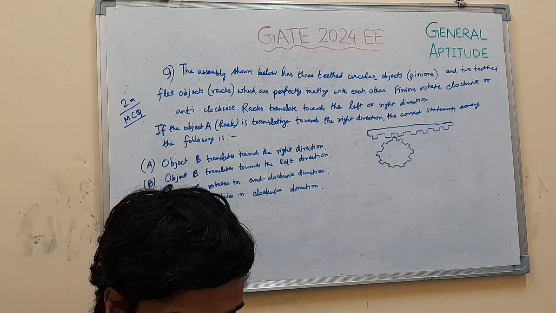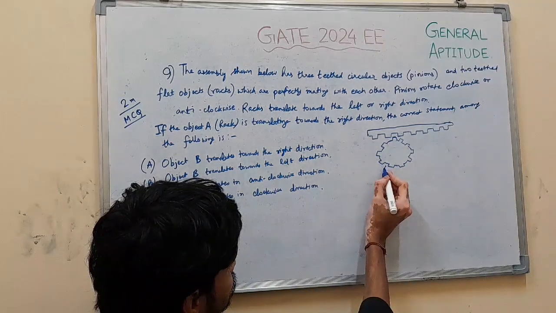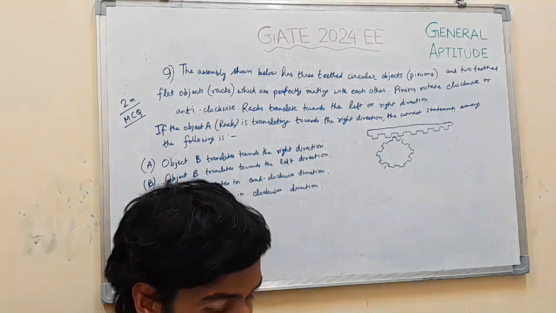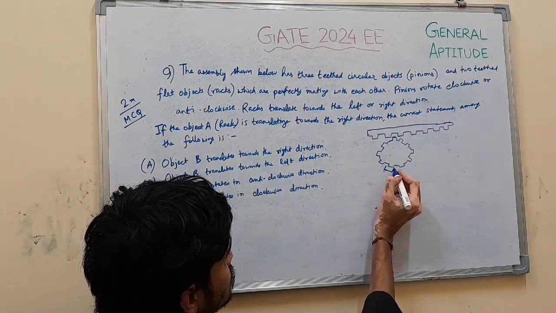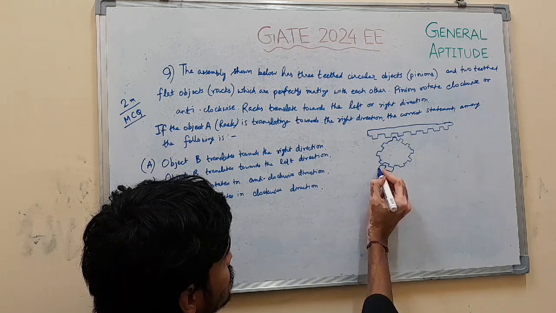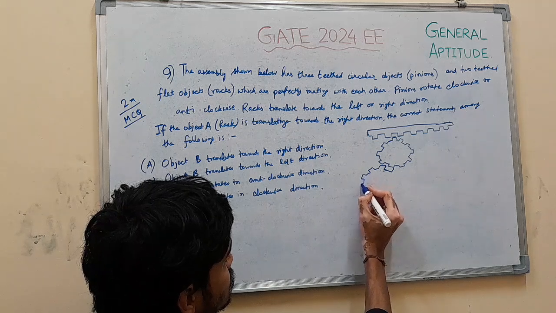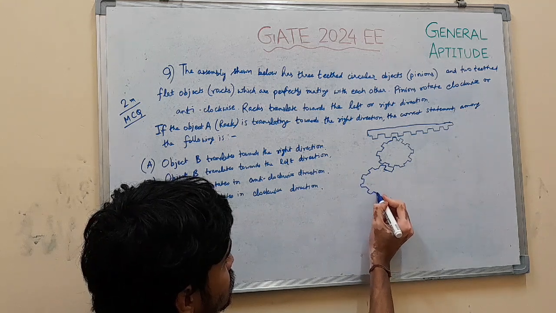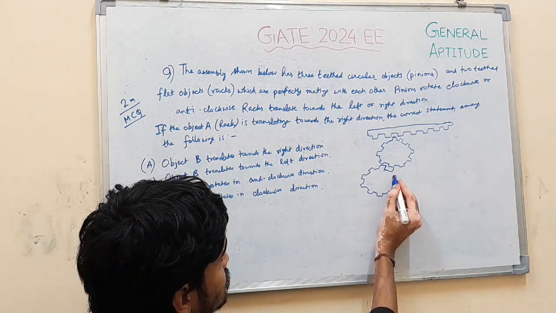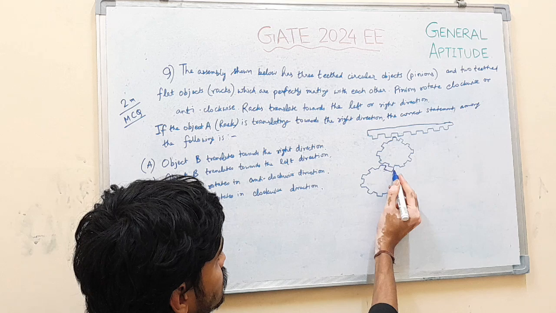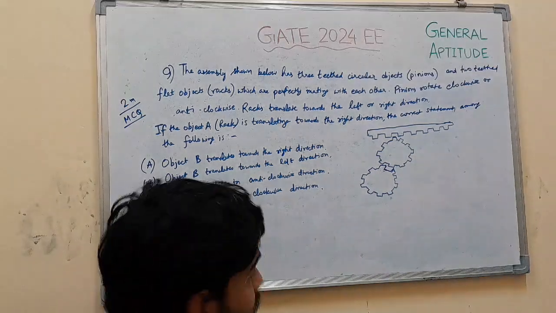And object Q is given as something like this, and the last one on the list.